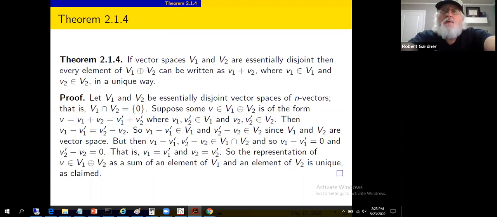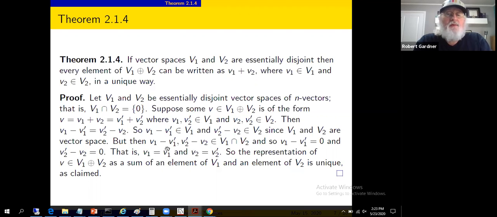So their difference is also in vector space V sub 1. Similarly, v2 prime minus v2 must be a vector in V sub 2, being a vector space of n vectors is being closed under vector addition and scalar multiplication. It's exactly what we have here. Closure under linear combinations, if you like. All right. So these two vectors are equal.